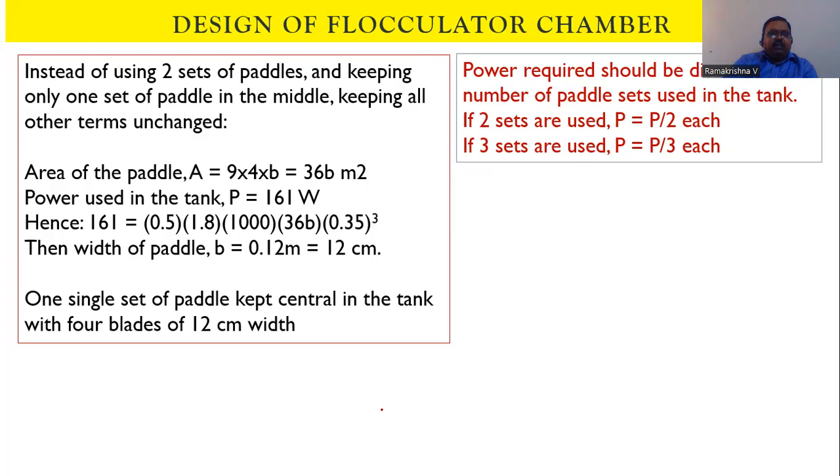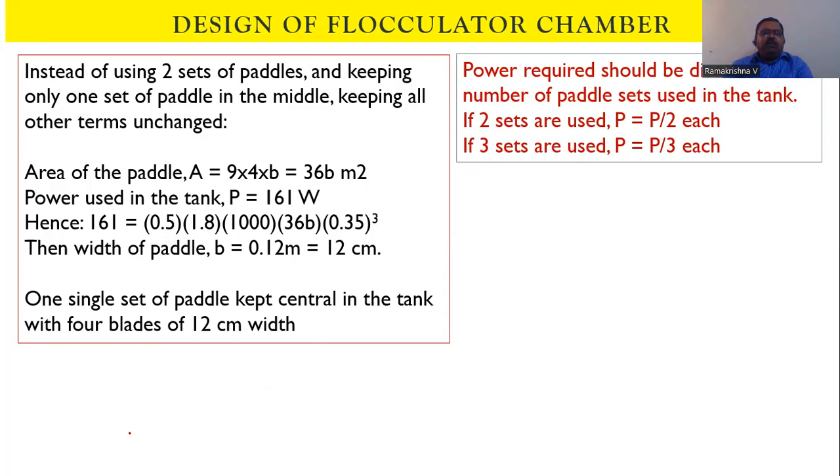So total 36B meter square is there, but total power used is 161 watts. Using that, I am calculating the width of the paddle is equal to 12 centimeters. So if you're going for two sets of paddles, it is 6 centimeters. Now one set of paddle, 12 centimeters.